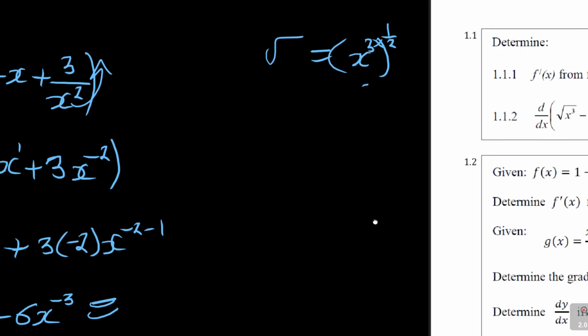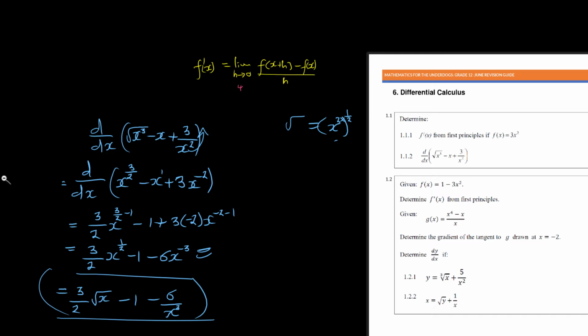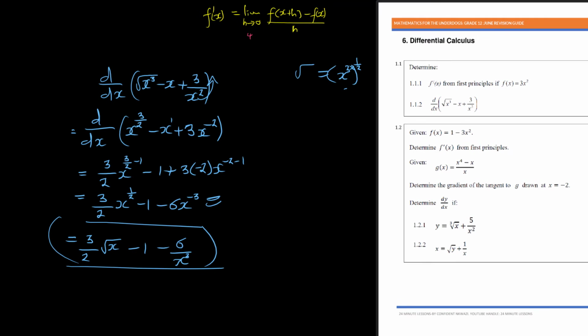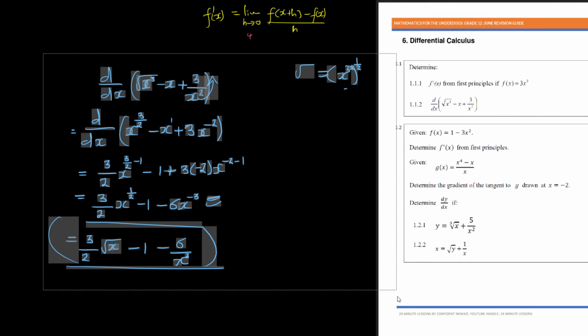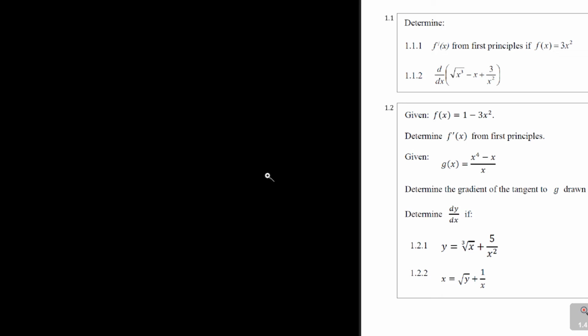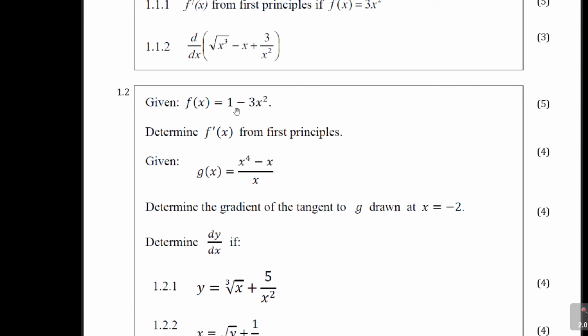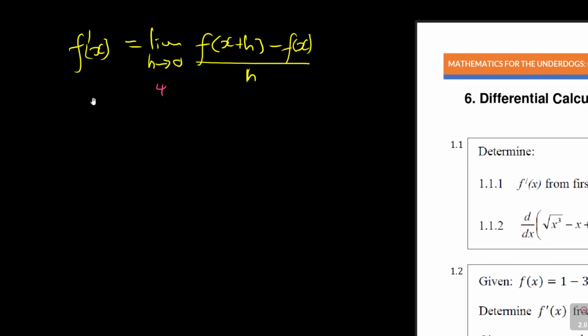Let me remove it again and look at another question. Alright, now look at the next question. It says here, given this one, determine f prime x from first principles. So we're back again here.